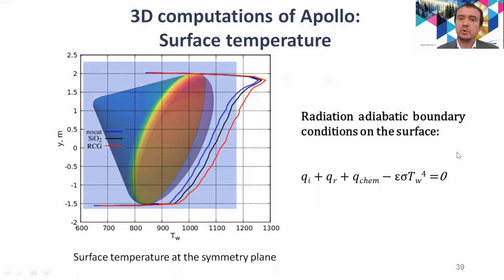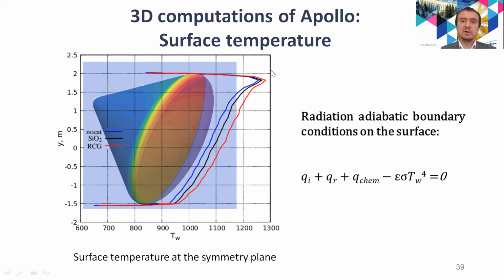And if we use the radiation adiabatic boundary conditions on the surface, when all the heat flux from the incoming and reflected molecules and from chemical reactions is in equilibrium with the radiative heat flux from the surface. So in this case, we have a very pronounced effect of the surface chemistry on the distribution of surface temperature, as you can see here.